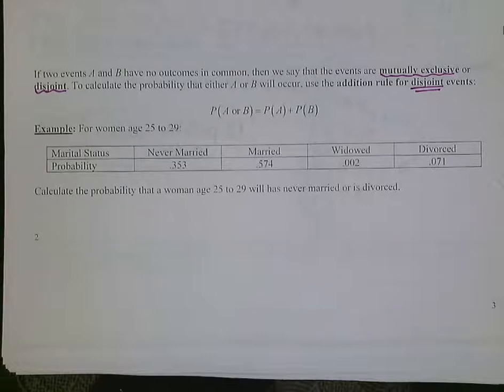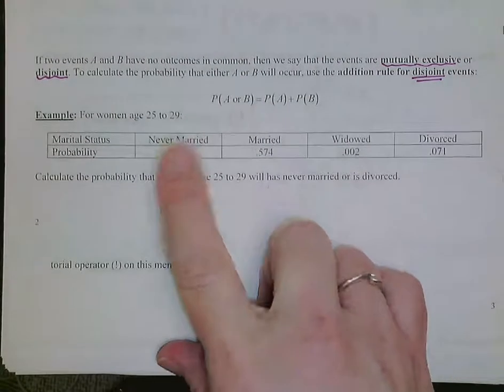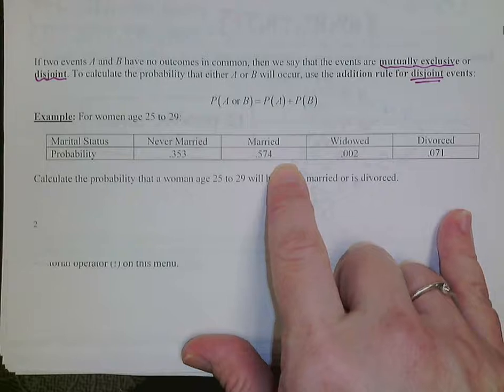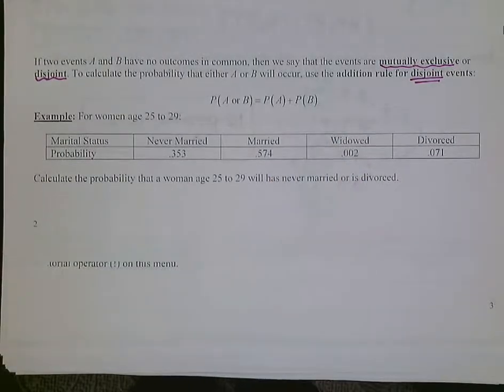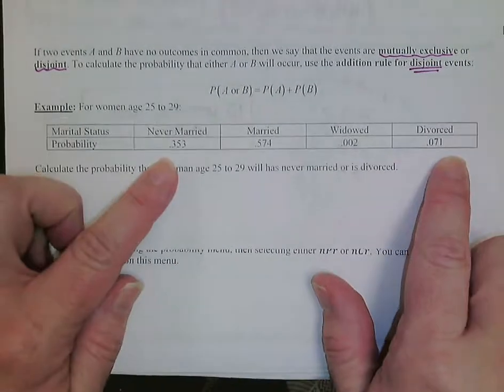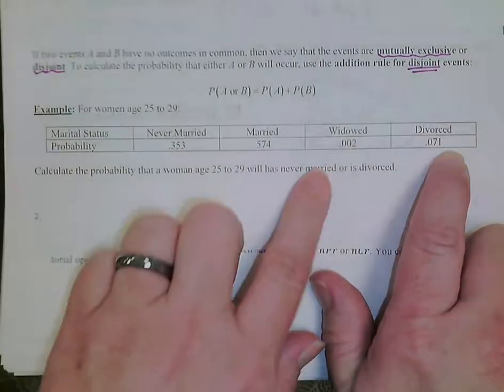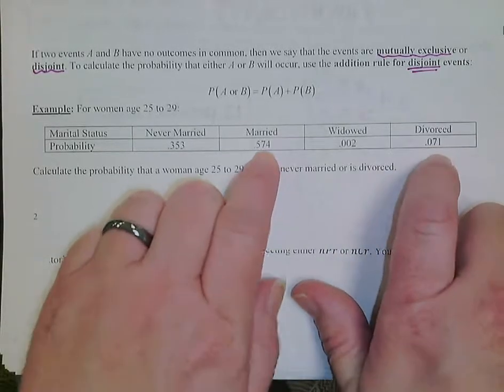So these women fall into one or the other of these categories. Either you've never been married, you're currently married, you're widowed, or you're divorced, which means that these are mutually exclusive. These are disjoint, because you can't have never married and be divorced at the same time. Or you can't consider yourself both married and divorced at the same time.